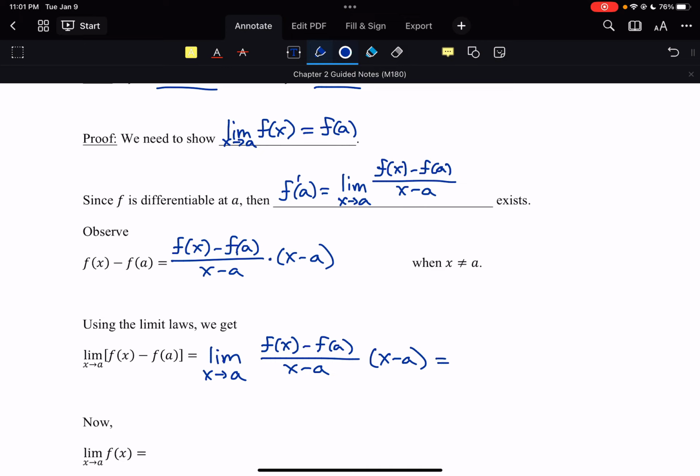Using the limit laws, we can split this across the multiplication. So we're going to get the limit as x approaches a of f of x minus f of a over x minus a, times the limit as x approaches a of x minus a.